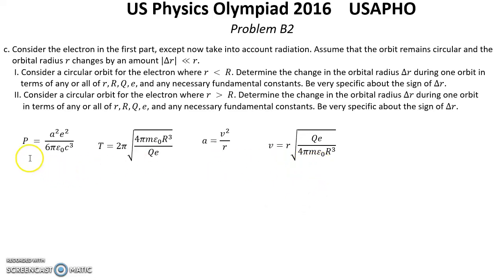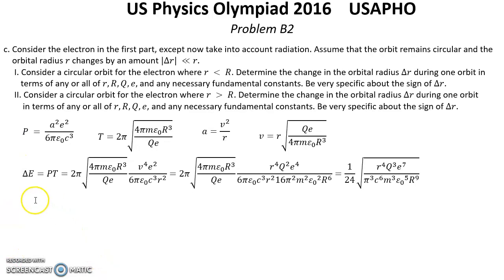Now we can count the total energy lost by the electron for one period. We have total energy loss equal to power multiplied by period. Period we already counted before, and power is this one. Acceleration is v squared over r, and v is this one, which we already counted in previous topics. When we insert everything in this formula, we finally get this formula.